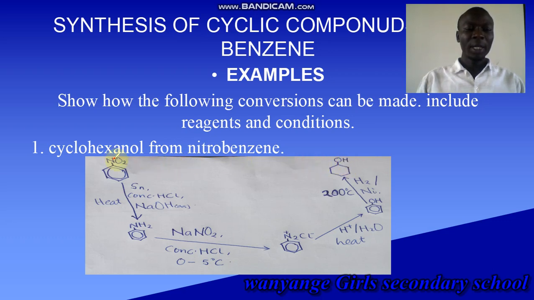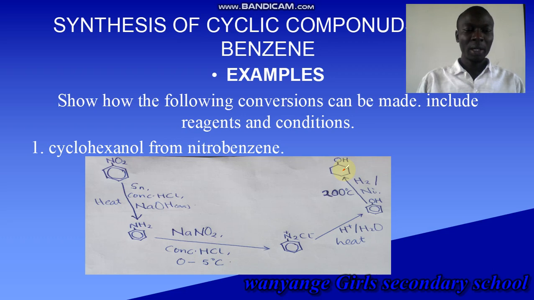We have, in nitrobenzene, a nitro group attached to the benzene ring. Then in cyclohexanol, we realize that we have an OH group instead of a nitro group. And the other difference is there is no more ring inside that cyclic compound. So we have two things to do. One, to convert the nitro group to OH.